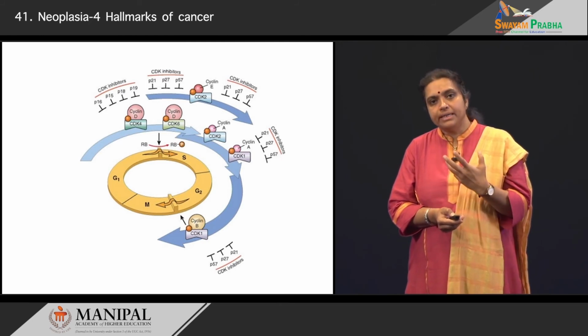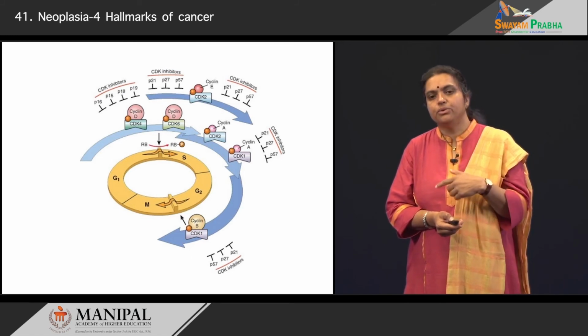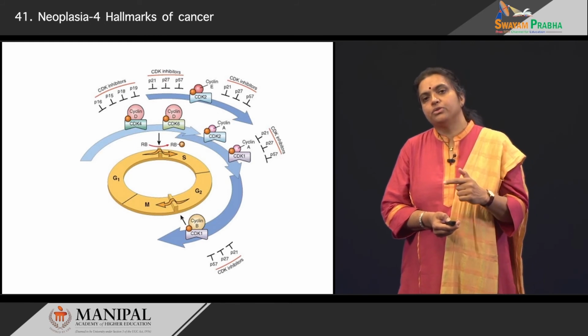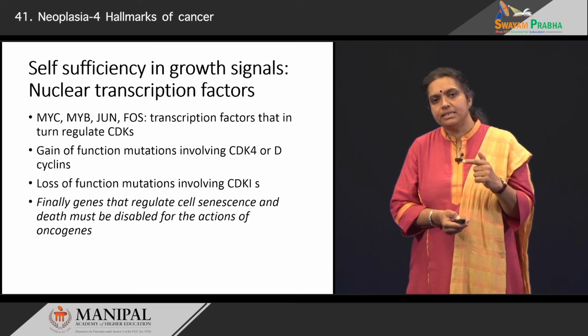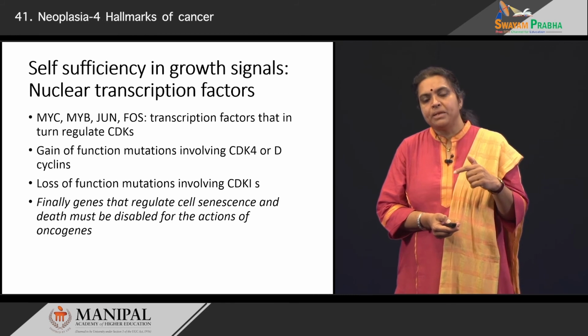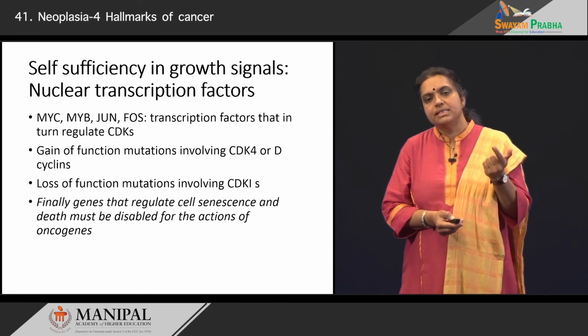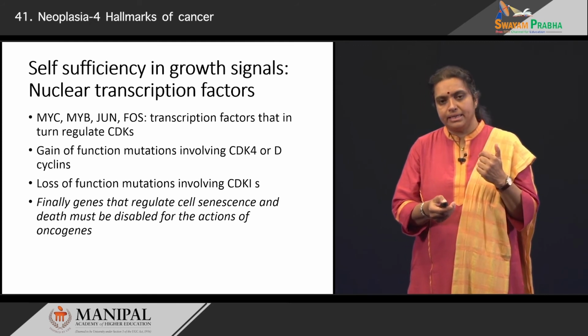So, you have cyclins that promote the cell to go into the cell cycle, and these cyclins bind to what are known as cyclin dependent kinases. So, you have the CDKs binding to the cyclins which drive the cell cycle, and you also have a regulatory mechanism to this, what are known as CDK inhibitors, or CDKIs.